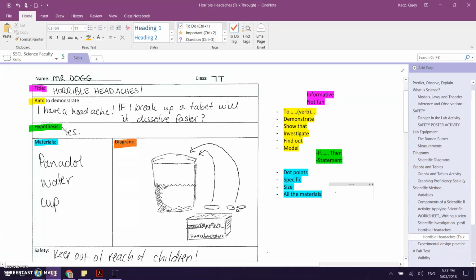The first is it needs to be done in 2D. They don't like 3D drawings in scientific diagrams. And the next one is no shading. Scientific diagrams aren't meant to be artistic. They're meant to be simple representations. When we do our scientific diagrams where possible, we should be using the scientific symbols for the equipment that we've learnt.